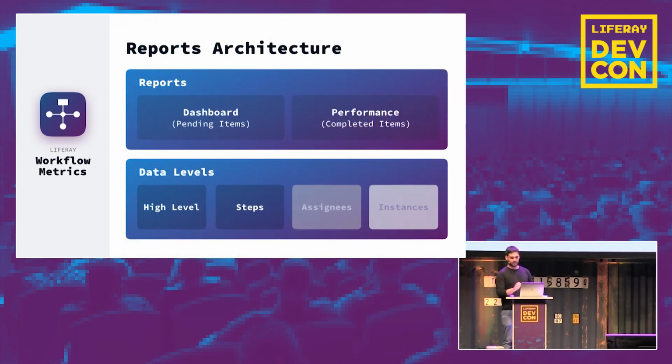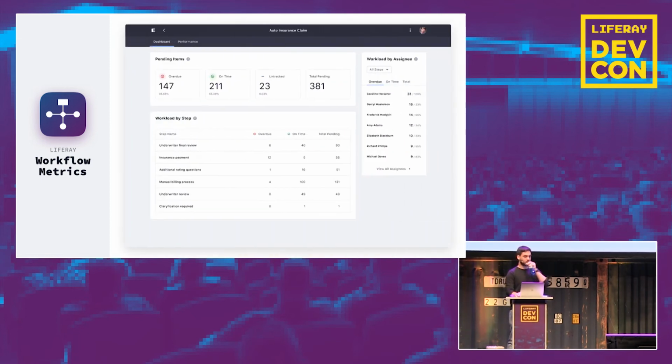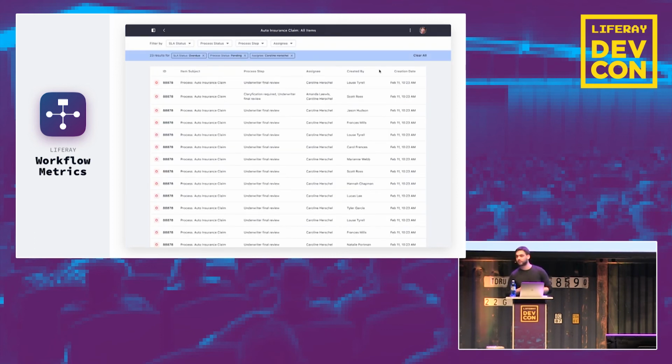And the last one is the instances. Like I said, this is the individual level. This one you can access from both reports, the dashboard and the performance. But here, you can actually click on any of those numbers, and when I click one of those, I'll have access to this screen.